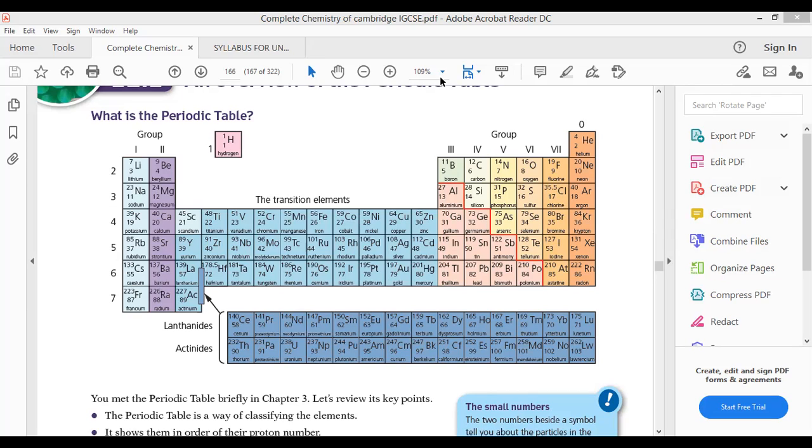How did they arrange them? They are arranged in groups and periods. Any other? Anyone of you? Actually, they arrange them in groups and periods, and blocks.